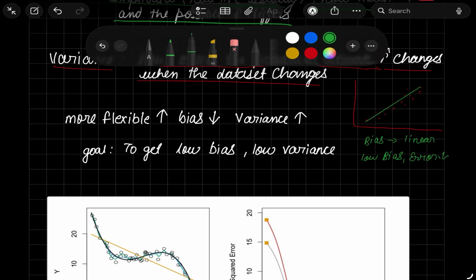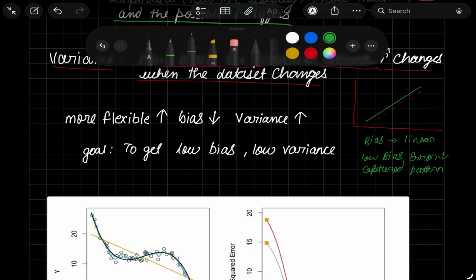If error is low, we can say that it captured the pattern, and if it has captured the pattern, it can generalize to new data.